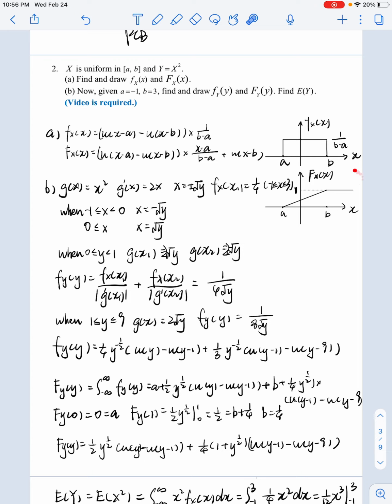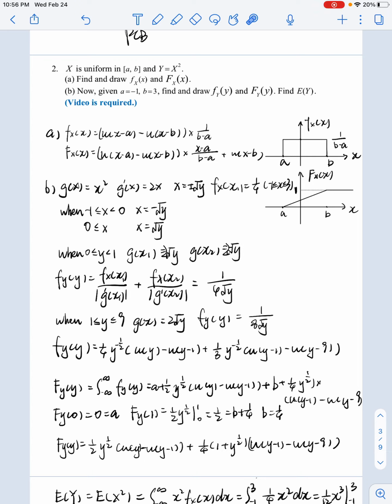And for this function, the slope should be a constant, that is 1 over b minus a. We can easily get this value by doing the integral. And then when x is larger than b, the value should be 1, and the slope would be 0 because the max value would be 1.